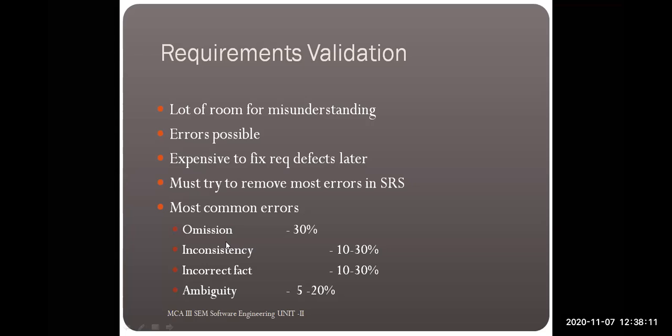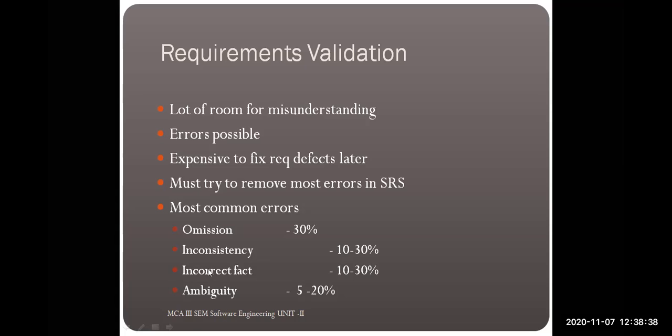Omission is nothing but leaving out some of the things without considering them when you start preparing the SRS document. That can lead to 30% of errors in the SRS. Next, inconsistency. It will not follow any consistent strategies or rules, so it may lead to 10 to 30% of the SRS errors.